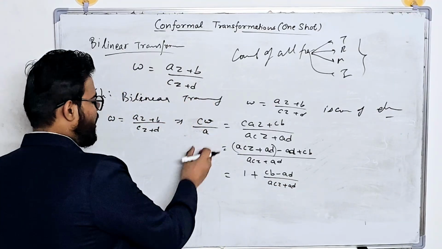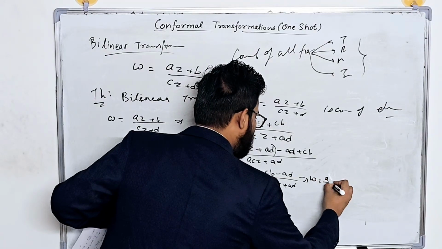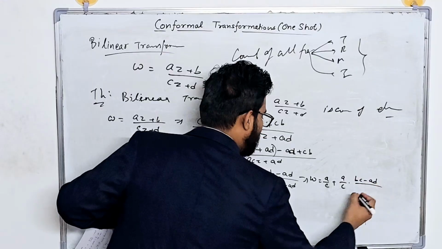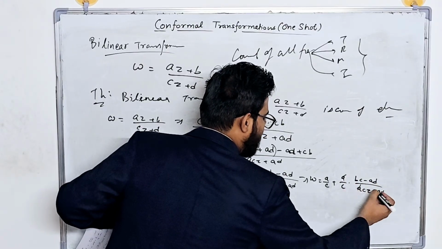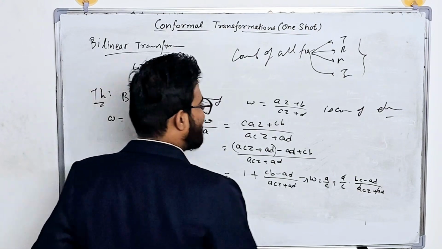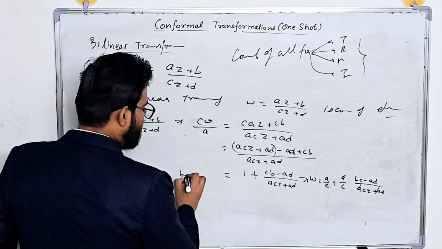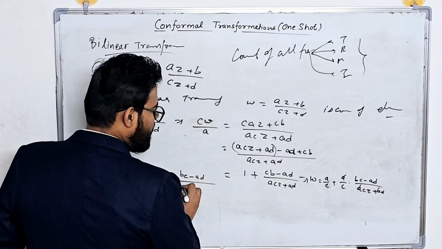Now just multiply this expression, so you will get w is equal to a by c plus the quantity a by c times (bc minus ad) divided by the quantity (acz plus ad). So a and a get cancelled, and we have w is equal to a by c plus the quantity (bc minus ad) divided by c square.